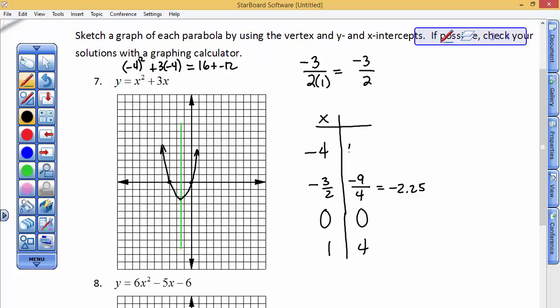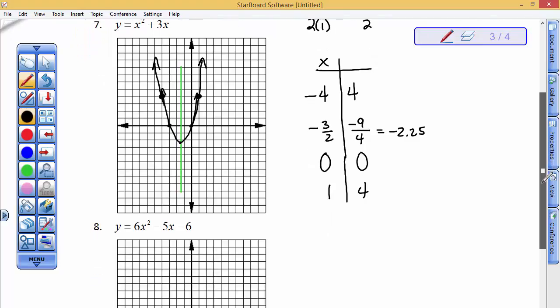And 16 and -12 add to be 4. So, okay, now I've corrected this. When x is 1, y is 4. There's an ordered pair. And when x is -4, so 1, 2, 3, 4, y is 4. So I was supposed to try to hit those, with the parabola going right through there and right through there. Okay.